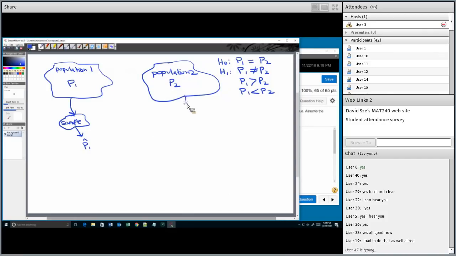And you take a sample here, and then this gives you P2 hat. This is pretty important, so see if you can follow this. You take the two samples, you calculate the two proportions, and then all you have to do is compare these proportions using a test statistic, okay?